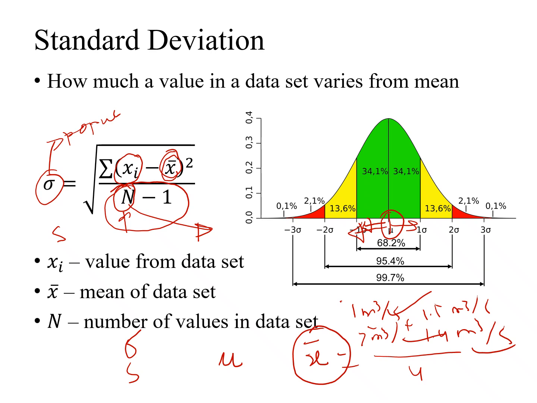And if it is a normal distribution, then within plus minus 1 standard deviation you have almost 68% probability. Minus 2 sigma to plus 2 sigma, you have almost 95% of your data.